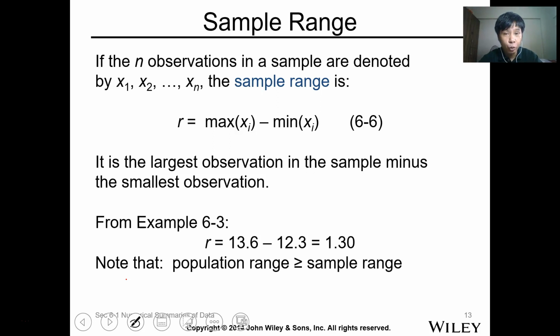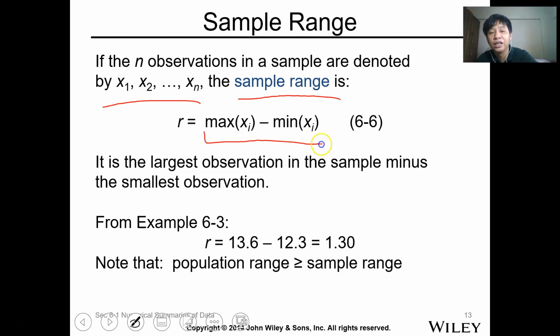Okay, now, for sample range, so yung sample range mo, if you have n observations from x1 to xn, the sample range is just the distance between the maximum value or the largest value minus the minimum value or yung smallest value. Ayun lang yung range. So, population range could be greater than or equal to the sample range.